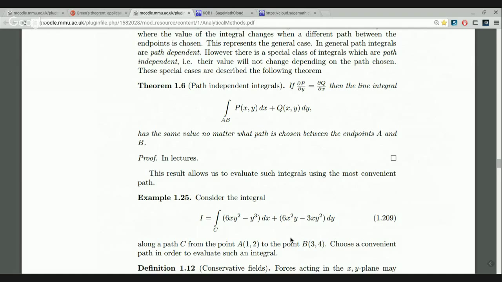Now it's a little bit of a special case here. Assuming C1 and C2 do not intersect except at the endpoints. So the two curves C1 and C2 avoid each other between A and B. Obviously, they both have to go from A to B because that's the setup. And so we want to show that the integral along C1 is equal to the integral along C2.